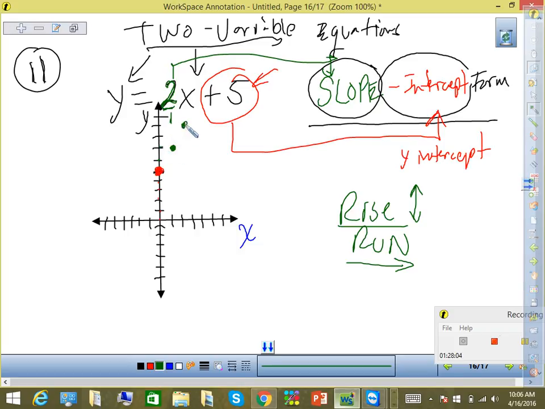Plot your point. Do it again. Do one more. 2 up, 1 to the right. Plot your point. And now that you have your ruler, go ahead and graph your line. I'm going to do that in blue. If you have your colored pens, that's fine. Make sure you put arrows at the end, and that's how you graph a two-variable equation.